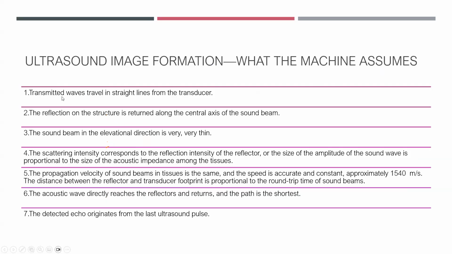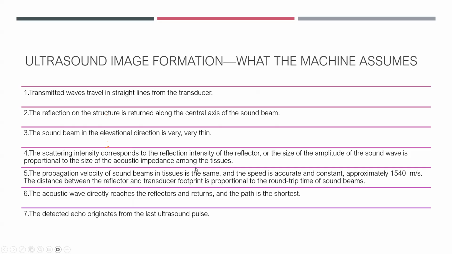So, as I said, the machine assumes that sound waves travel straight, that reflection occurs 100% of the time along a straight axis, that reflection is always parallel back to it, that there is no angulation between the sound waves.